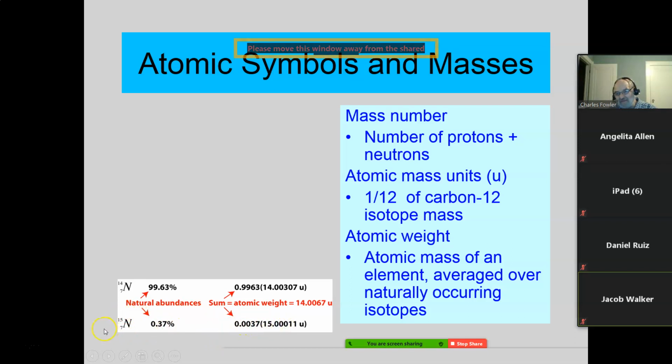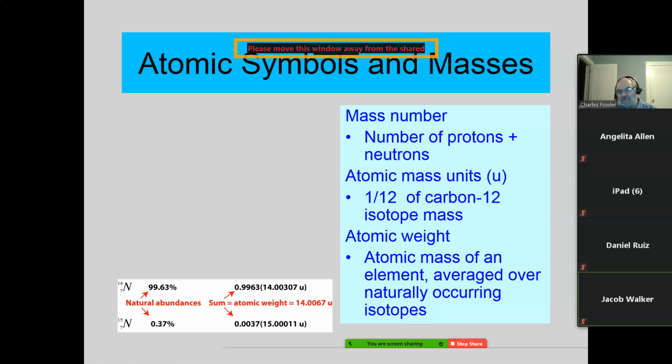add that to 0.0037 times the atomic mass of this one, and that gives you nitrogen's average atomic mass, 14.0067. This was 14.00307. When you account for these, it bumps it up to 14.0067 atomic mass units.